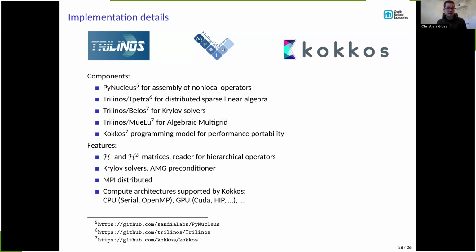The nice thing is that all of this builds on top of the Kokkos programming framework, which is a performance portability layer. This means the code can run on classical CPUs, either in a serial way or in a shared memory OpenMP fashion. But it can also run on GPUs, such as NVIDIA or AMD GPUs, and on some of the newer Intel GPUs as well. All of this is MPI distributed, so distributed memory. And yeah, next slide, please.